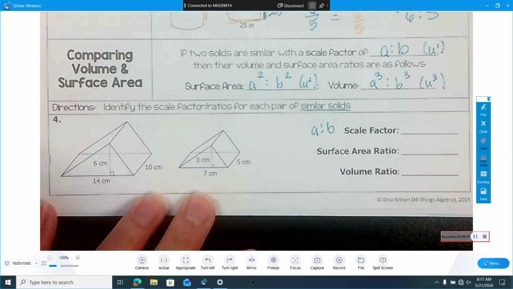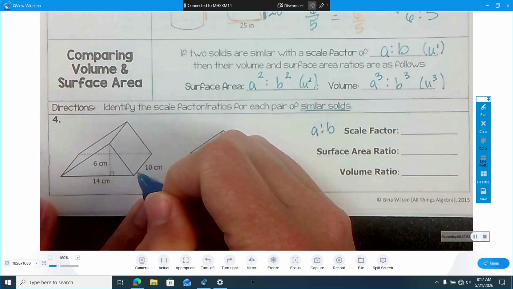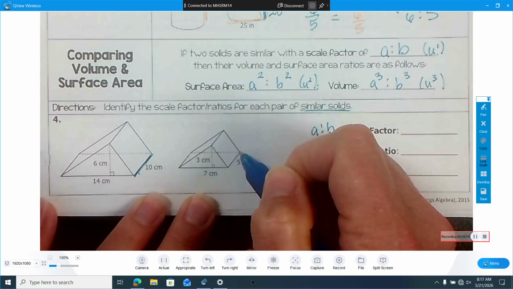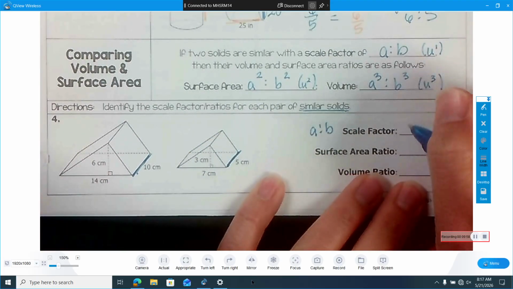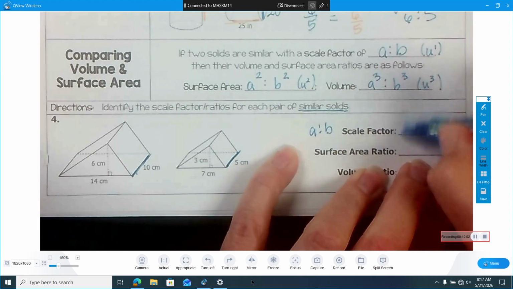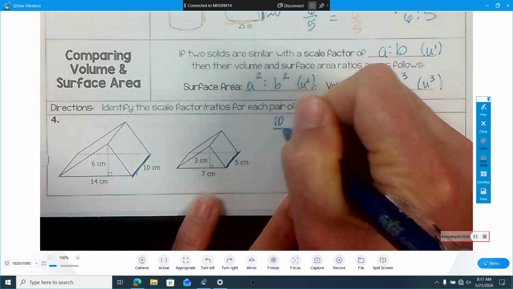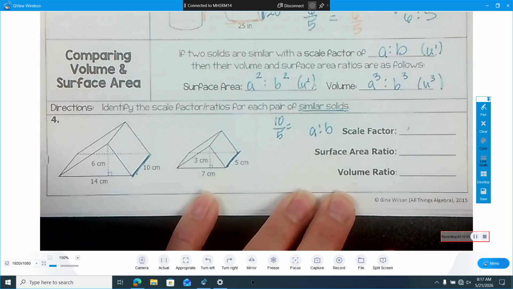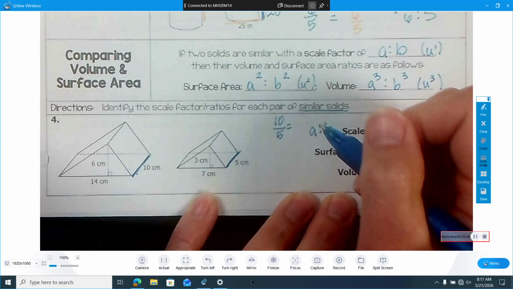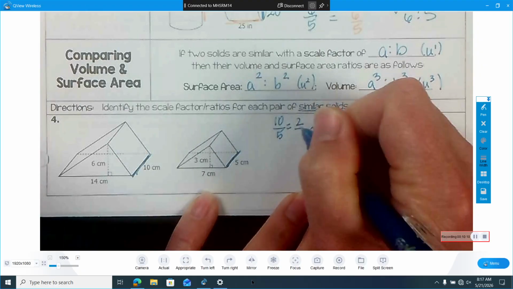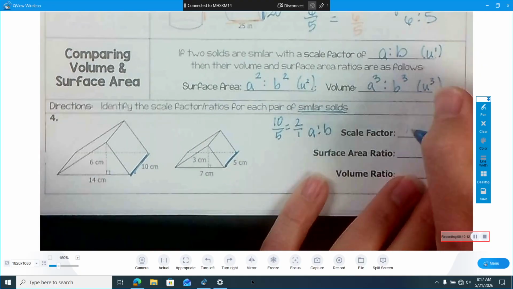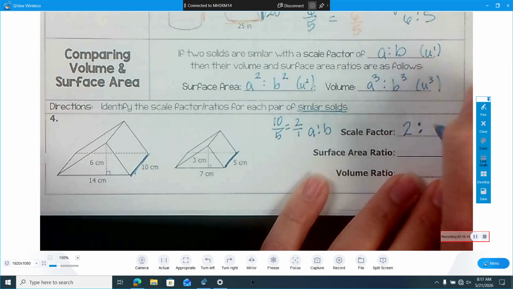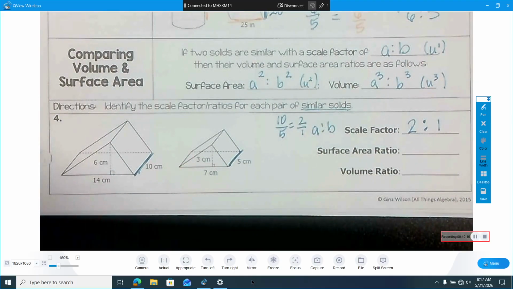What can we compare? 10 and 5, sure. So 10 over 5, and that's going to reduce to 2 over 1. We would divide top and bottom by 5. So 2 to 1 is how I would write that.